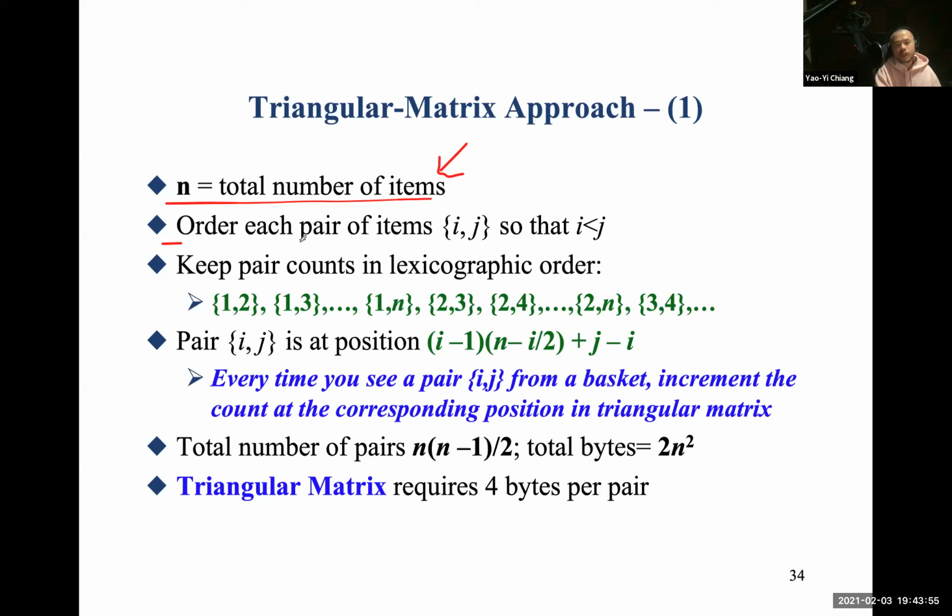We want to order each pair of items like this, i and j, so that i is smaller than j. i is the item ID, j is also the item ID, right? So for Coke and Pepsi, this ID will be 0, this ID will be 1. Then we can start to keep your pair counts in lexicographic order. 1, 2 first, 1, 3, 1, n, 2, 3, 2, 4, and so on.